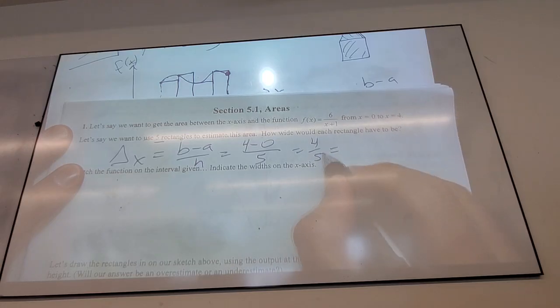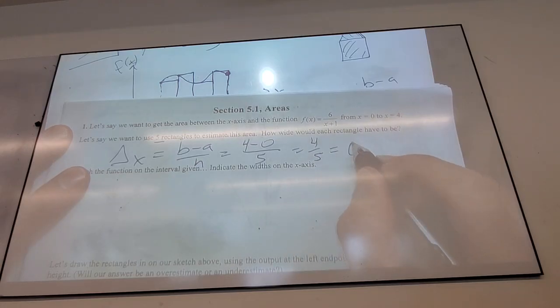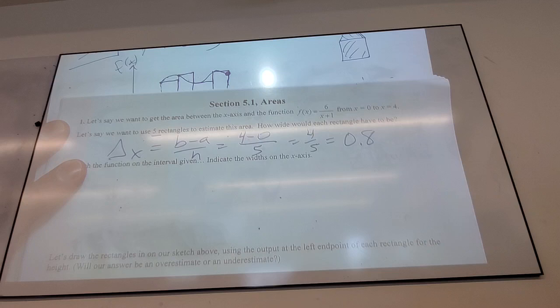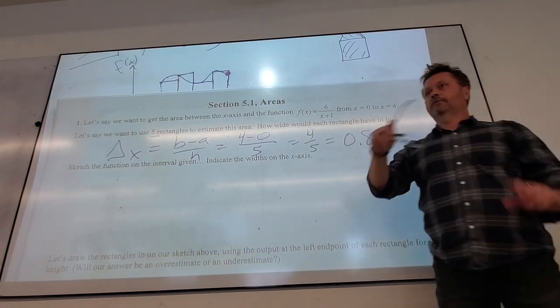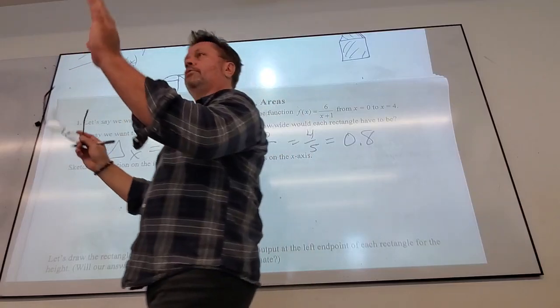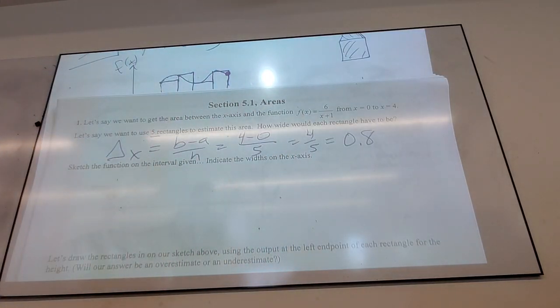Make that into a decimal. 0.8, good. Okay, is that cool? Find out the width, coolest little thing in the world. Makes physical sense. Think about slats going up on there.